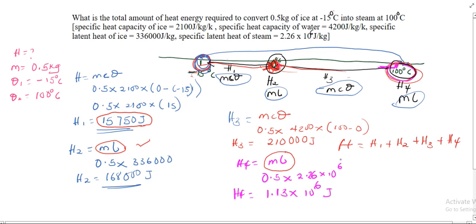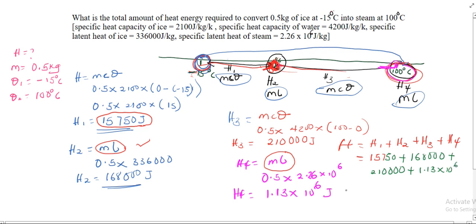So our capital H will equal H1, which is 15,750, plus our H2, which is 168,000, plus our H3, 210,000, plus then our H4, 1.13 times 10 to the power of 6.